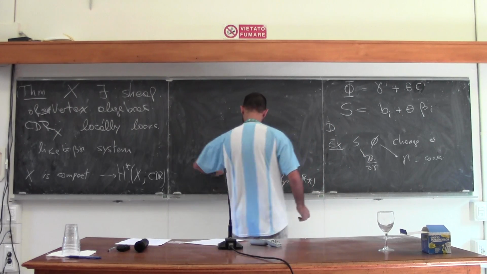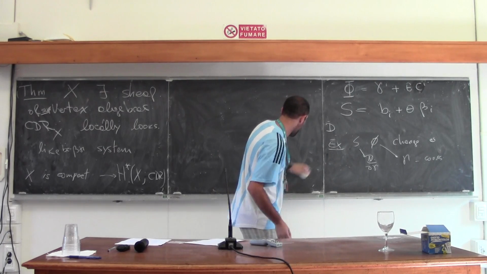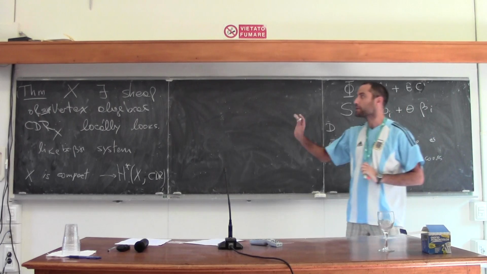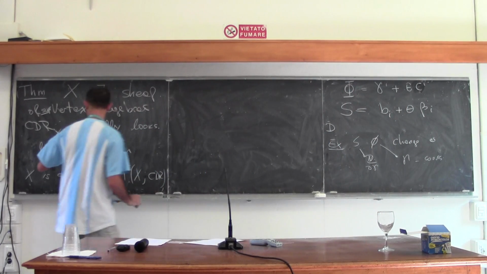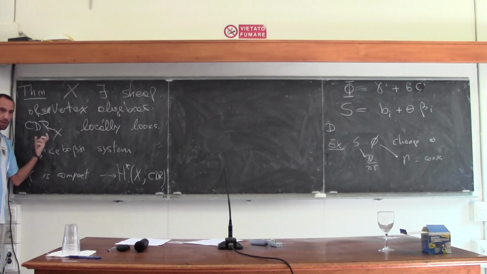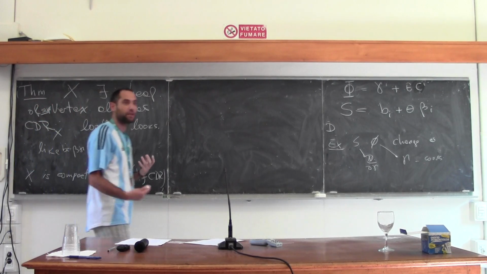Alright, so let's do that. X is a complex manifold. That's a good question. X is in any category you want. If X is smooth, it needs to be smooth, since these bc's and beta gammas were defined in terms of differentiable functions. But if X is an algebraic variety, then I'm going to think of this as a sheaf of holomorphic vertex algebras. If X is smooth, you're going to get a sheaf in the smooth category.